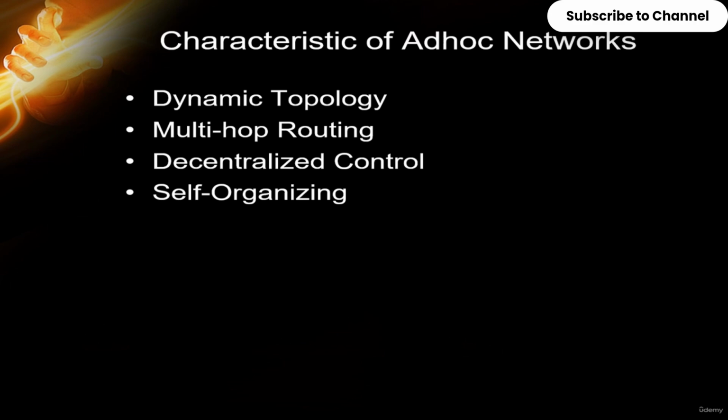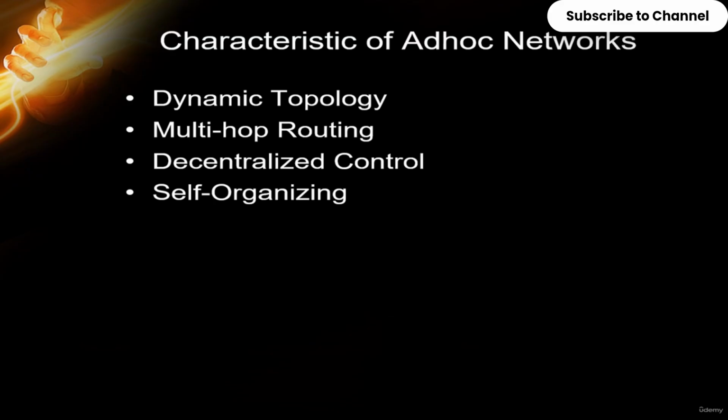Nodes within an ad hoc network can communicate directly with other nodes within the transmission range. If they want to communicate outside the range, the data is forwarded via intermediate nodes with multiple hops. This is the concept of multi-hop routing.